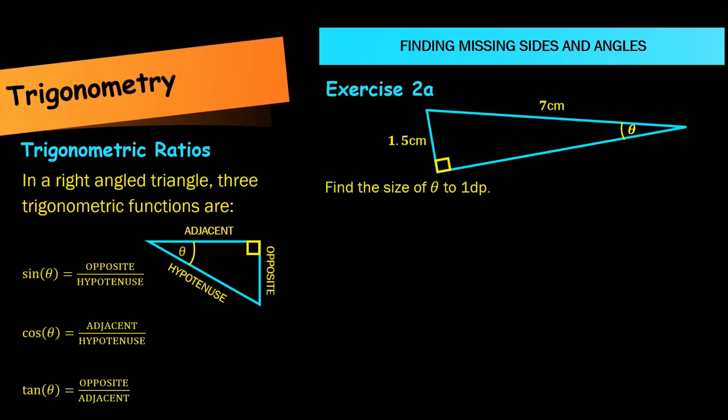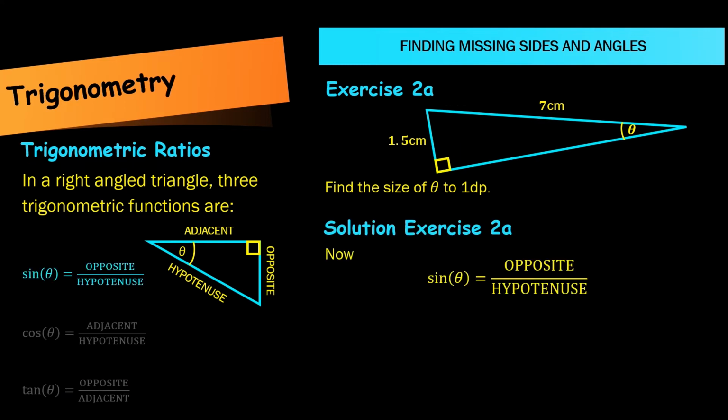Now let's have a go at exercise 2a. We are required to find the size of theta to one decimal place. We have the side opposite to the angle theta, which is 1.5 centimeters, and we have the hypotenuse, which is 7 centimeters. So let's solve this. Since we have an angle and the opposite and the hypotenuse, we use the formula for sine.